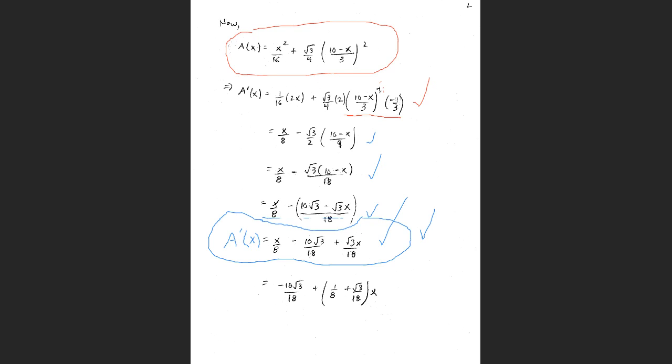Find the critical values. And how do we find the critical values? Good, we set the first derivative equal to 0. Okay, and so that's what I'm going to do. May I move to the next page? Are there any questions?